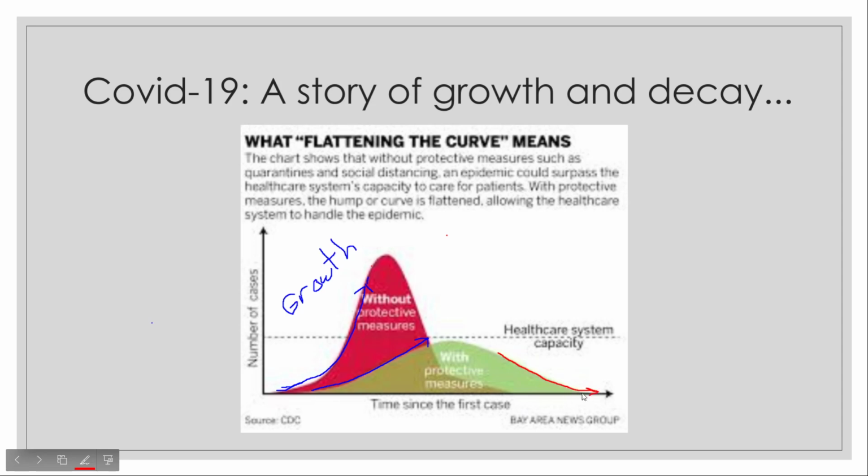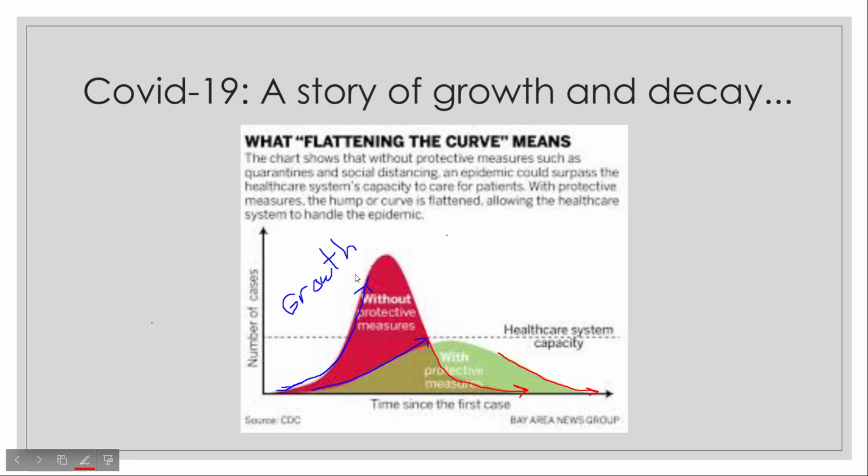Exponential decay. Might take a long time to really finish that off because, you know, just one person here and there might get it, but you do see it does look like those graphs before. And if you look at this red curve, it's kind of hard to see because the green curve's in front of it, but you do see that that would be exponential decay as well.